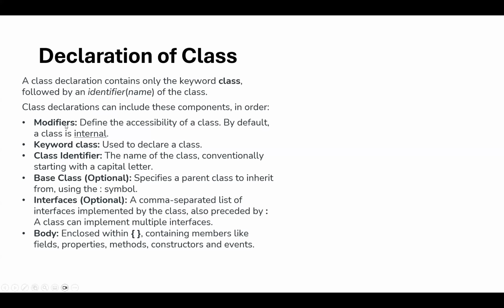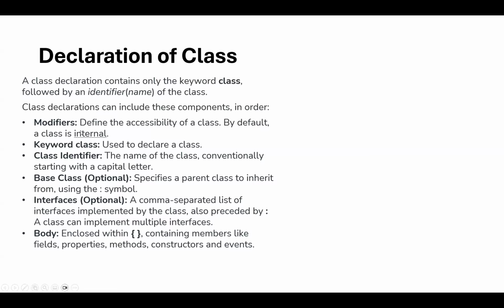So first of them is a modifier. Modifier will be discussed next time. Modifier defines the accessibility of the class, and by default, a class is internal. So you can't access this class from an external part of your program.